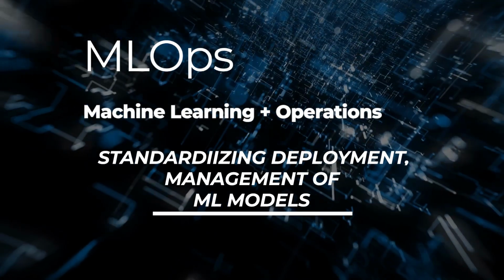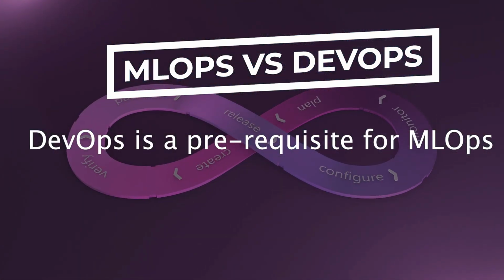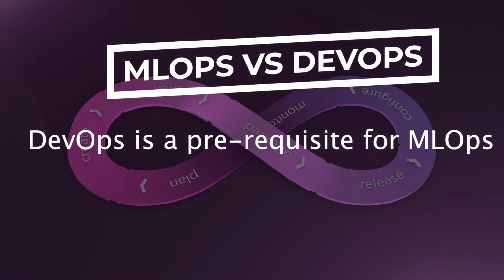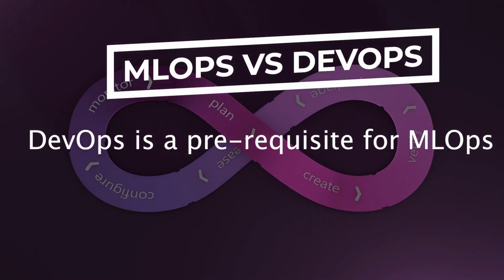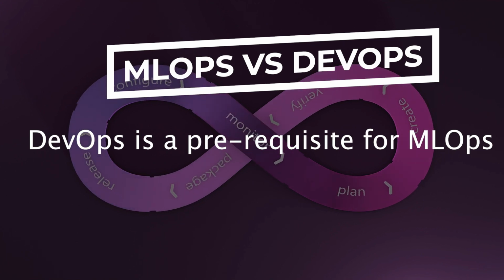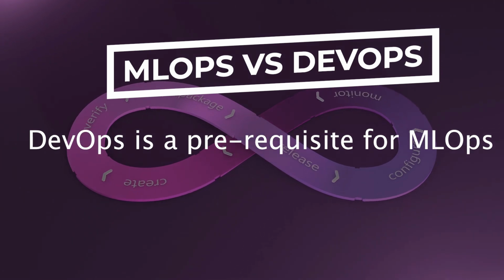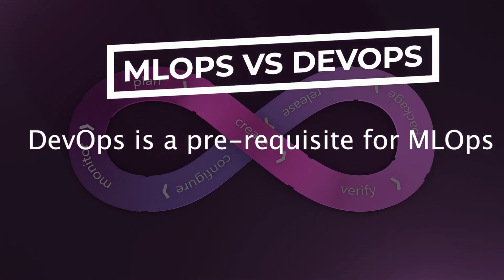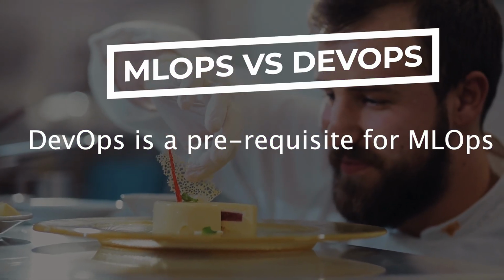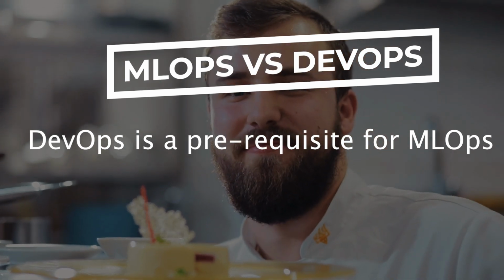Now one common question that you might get is, what is the difference between MLOps and DevOps? Well, I can confidently say that DevOps is an essential prerequisite for MLOps. Now this DevOps serves as a foundational building block without a substitute. DevOps, which is a methodology for agile software release and the continuous improvement process, shares a similarity with a gourmet chef's approach whenever a chef is creating repeatable high quality meals.